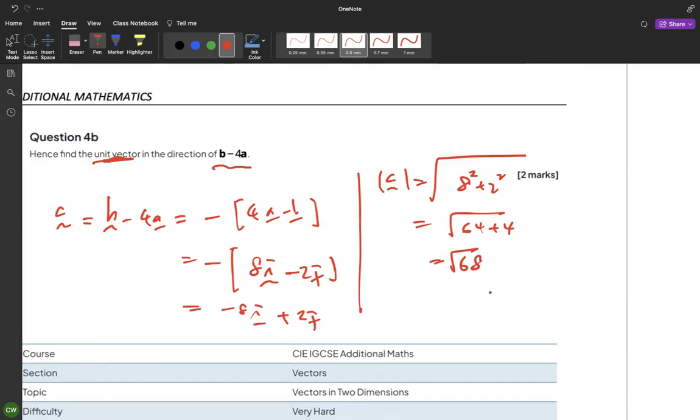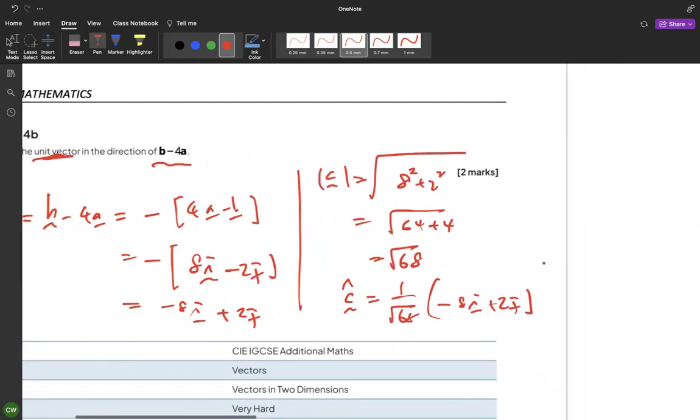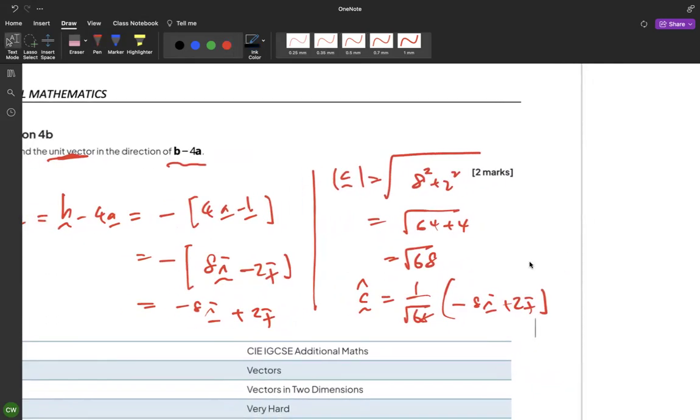Correct or not? So the unit vector is what? 1 over square root 68 multiplied by minus 8i plus 2j. Correct or not? Do you like this answer? No. Can we simplify this or not? What is square root 68?